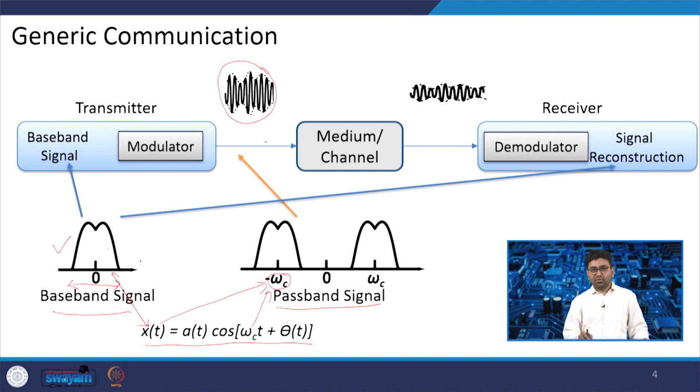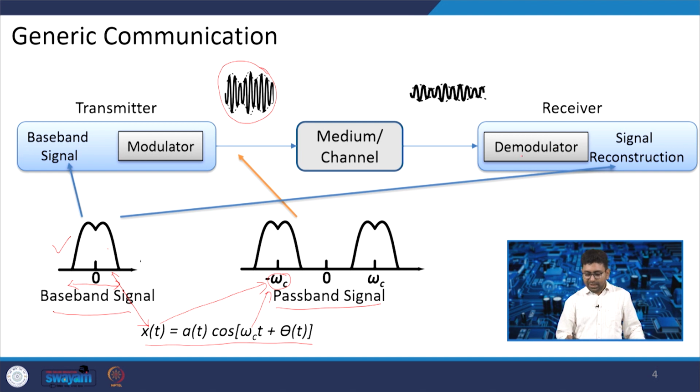Because it travels over the distance, the amplitude of the signal becomes very small, and many distortions are added, and because of that you need to reconstruct it. The ultimate aim of the receiver is to reconstruct the incoming signal.